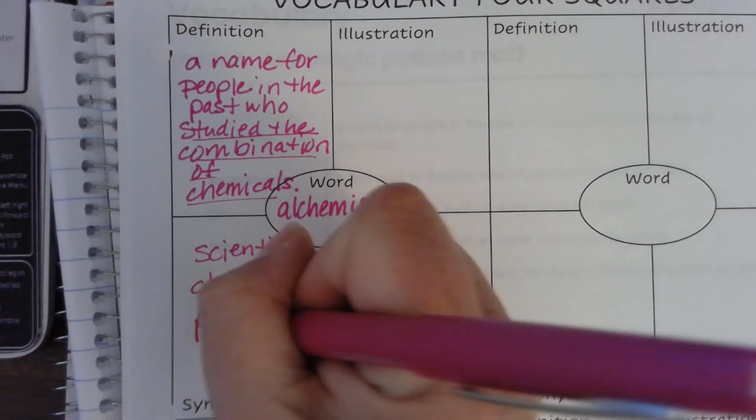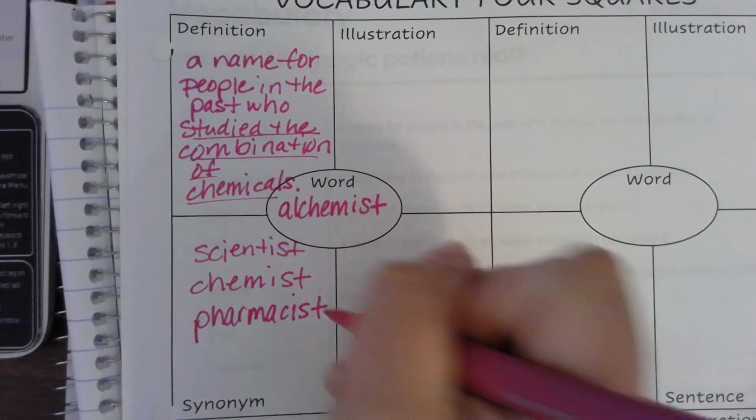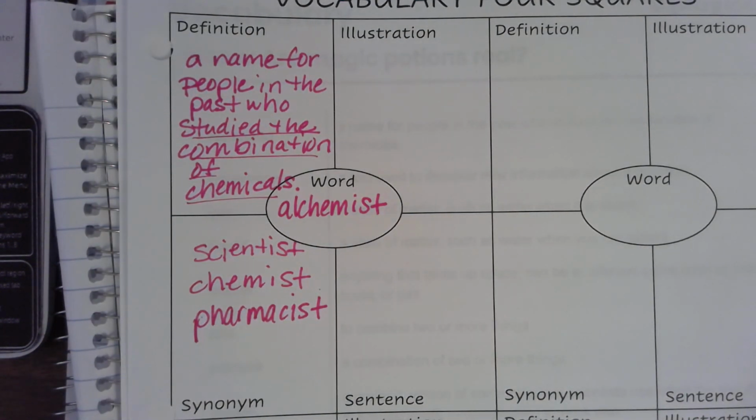Pharmacist. What is a pharmacist? A person that like works with chemicals and medicine. Yes, they're the people behind the counter at CVS or wherever you get your medicine. Now, I will say that pharmacist is a little off, because really what they do is they dispense or give out medicine, right?